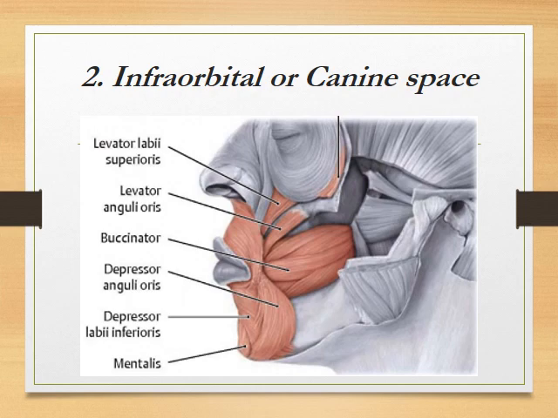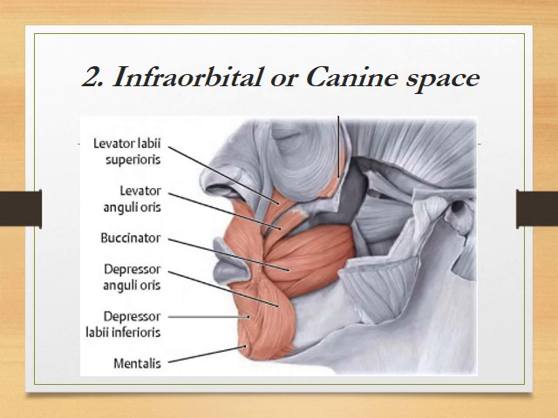So I must know the correct location of the space and its contents, so when I do incision and drainage, I know where, how and when to make the incision without causing any permanent damage. It is connected to the vestibular space and to the buccal space.